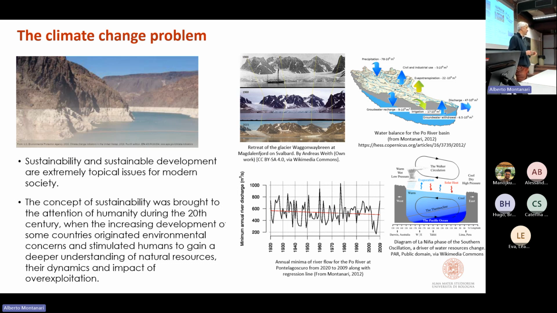If you remember the graph of global temperature that I showed you before, global warming started, the increase of temperature started about in the beginning of the 90s, so 35 years ago, more or less. And therefore, it was about 30 years ago that the scientific community started to be concerned about climate change.